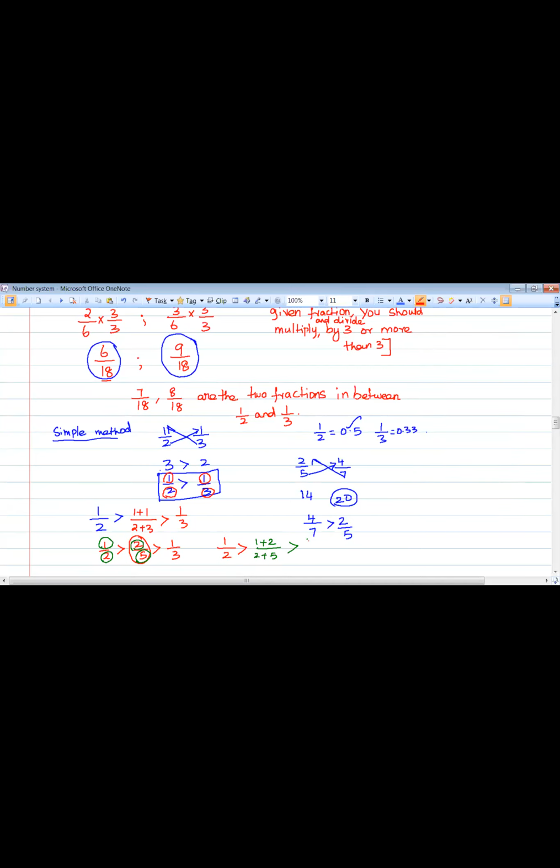Now 1 by 2 is greater than 3 by 7 is greater than 2 by 5 is greater than 1 by 3. Now, what are the two fractions in between? Two fractions between 1 by 2 and 1 by 3 are 3 by 7 and 2 by 5.